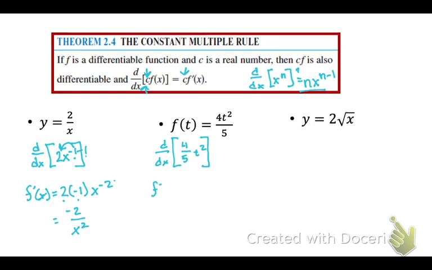So the derivative then would be 4/5 times 2. And you minus 1 from the 2. So t to the first. So you get 8/5 t.